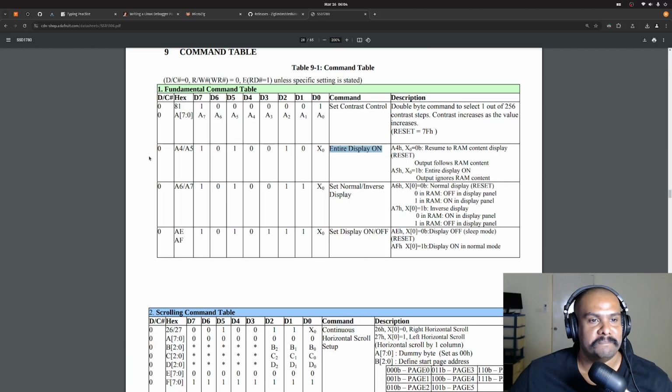Control pin is still 0. A4/A5. Set D5 to 1 and D2 to 1.